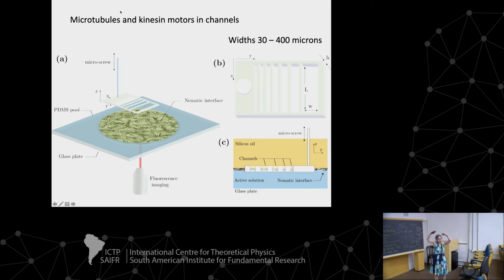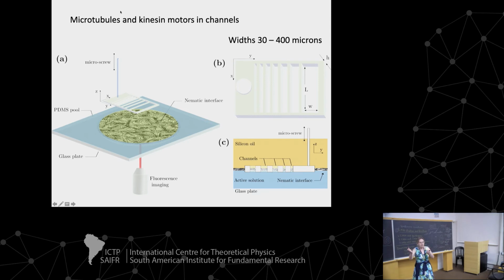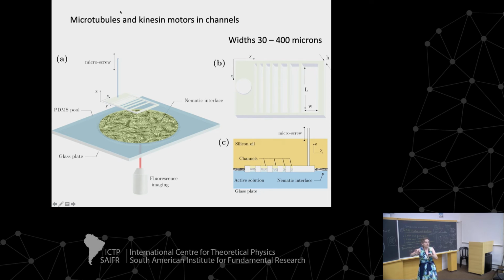And they very carefully lowered that down so it was sitting on top of the microtubule motor mixture. And by doing that, the microtubules could go underneath and fill up all the channels. And so they knew that they had the same activity, the same stuff in each of the channels of different widths. Note the channels are long and thin, but they do have ends to them.